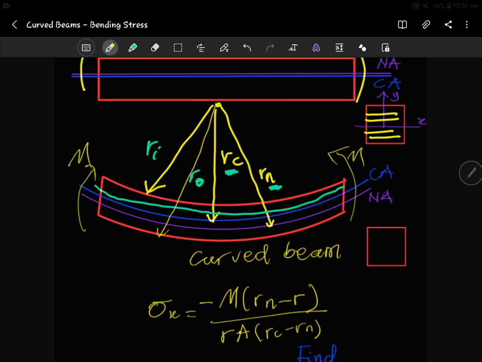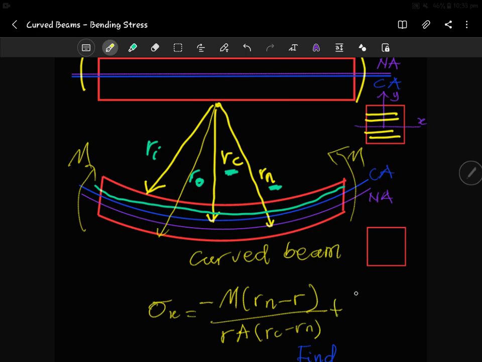This is the equation when we have no direct force acting on the beam. But if it happens that we have a direct force acting on the beam, which we'll see in an example later, it becomes an additional term. So it will be the stress due to the moment, plus the force that's acting directly on that particular position of the beam.